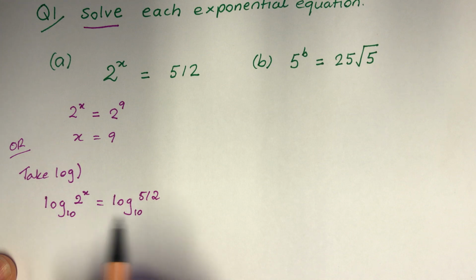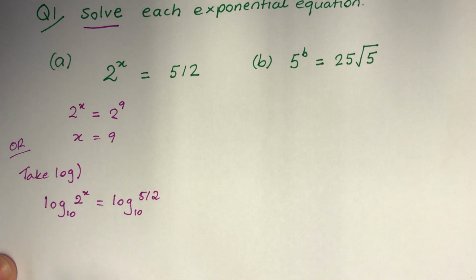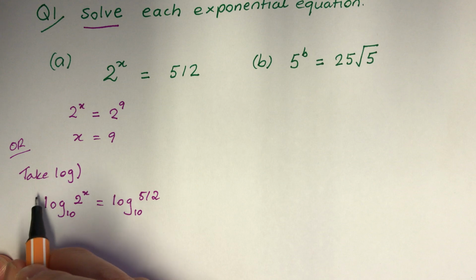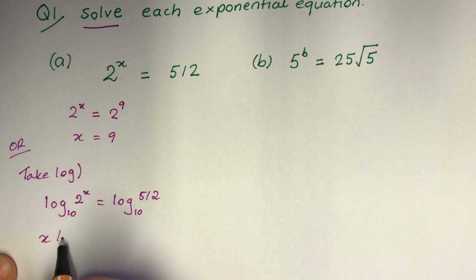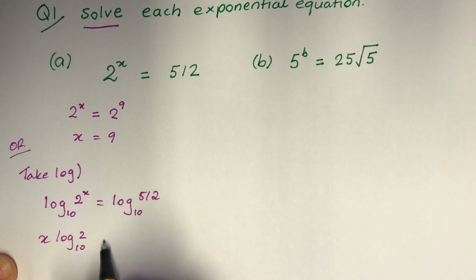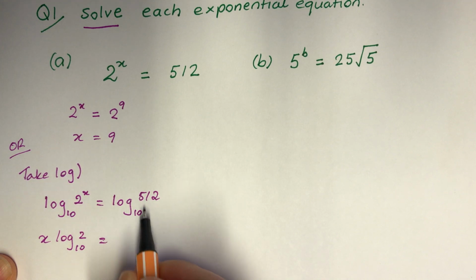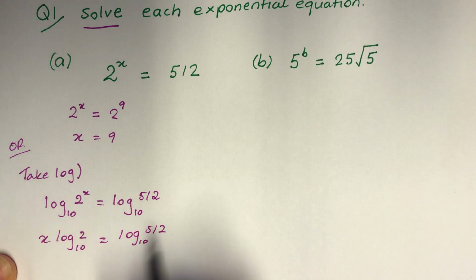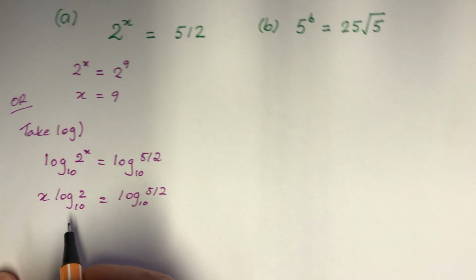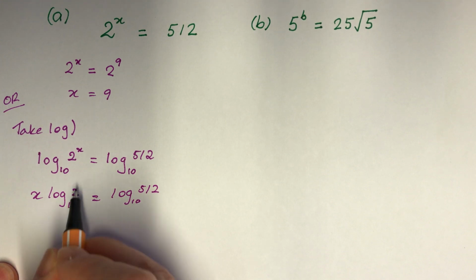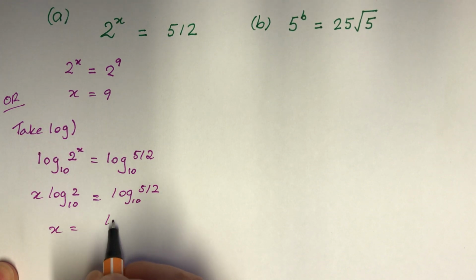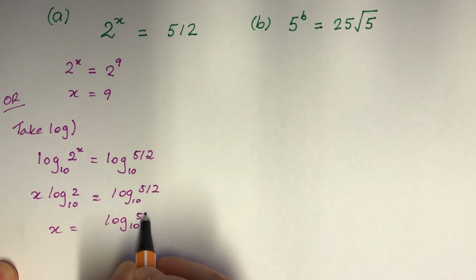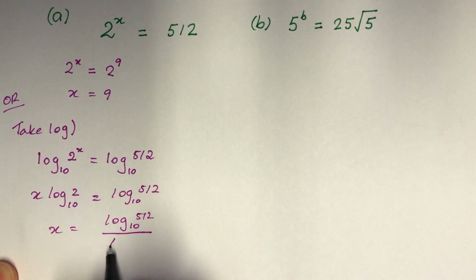Now with this, I think it's the third law of log, we can take the power in front. This one we can't, so I'm just leaving it as it is. Then I'm going to divide both sides by log base 10 of 2.